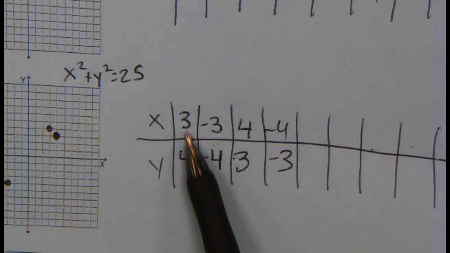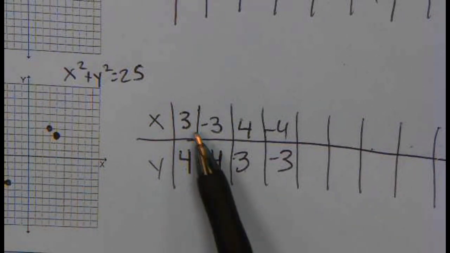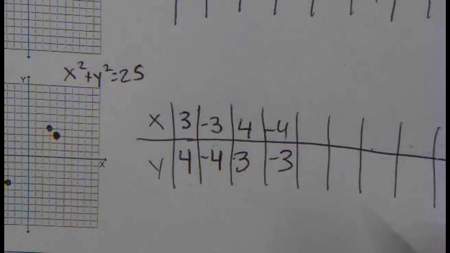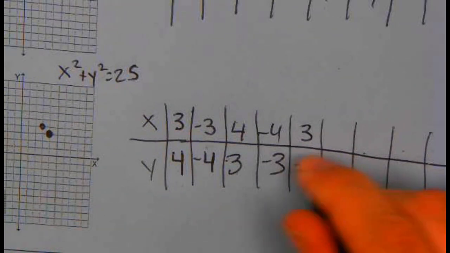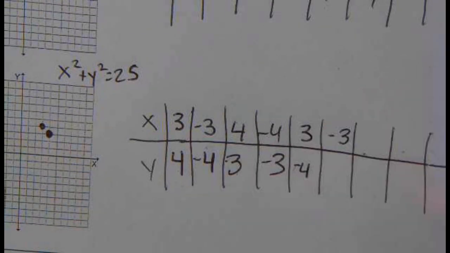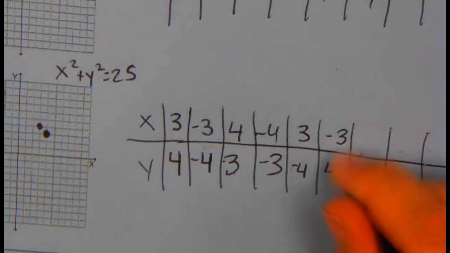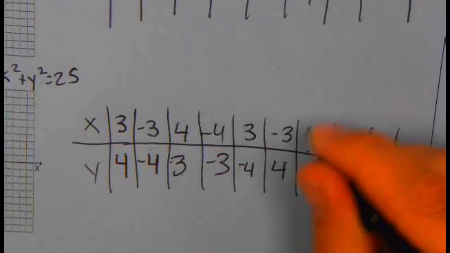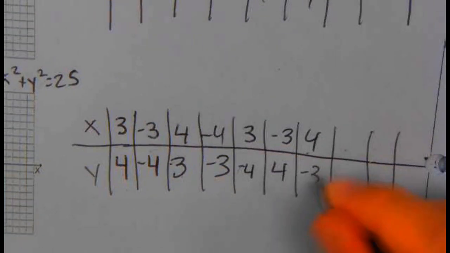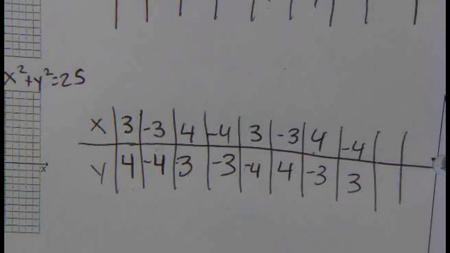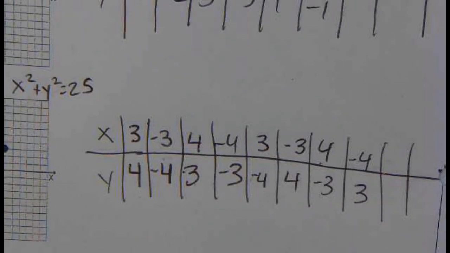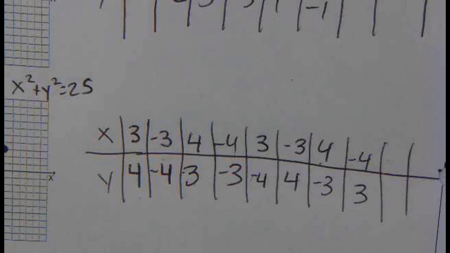All these 4s and 3s we have there. Of course, if 3 and 4 work and -3 and -4 work, what else would work? 3 and -4, or -3 and 4, or 4 and -3, or -4 and 3. All the combinations of 4s and 3s should work, and that will help get us a bunch more points here.